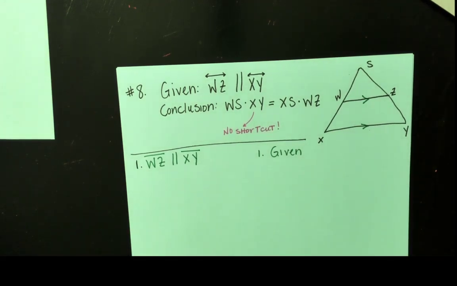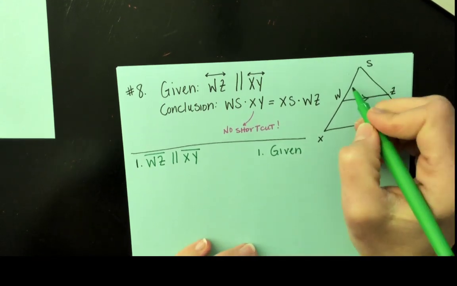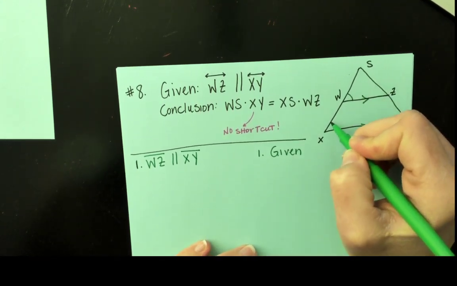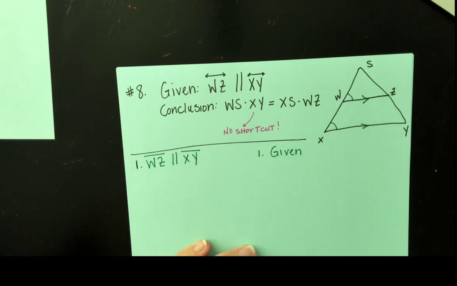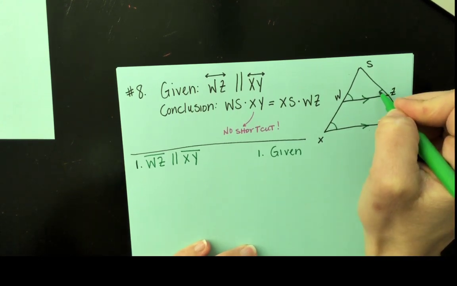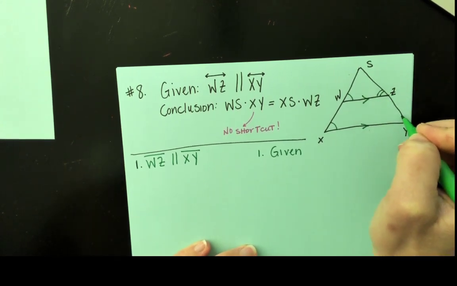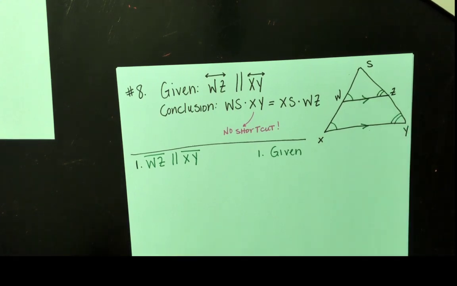So let's talk about what these parallel lines will allow us to see in this picture. It will allow us to talk about our corresponding angles. Those parallel lines will allow us to talk about these corresponding angles.